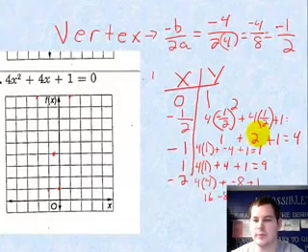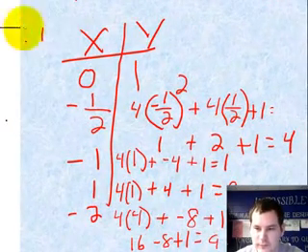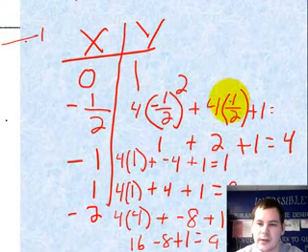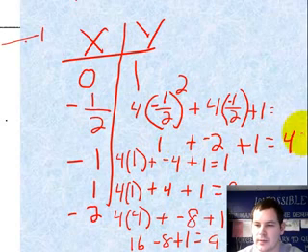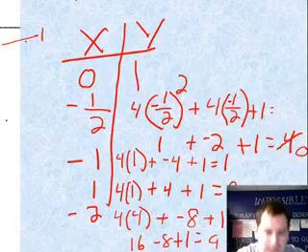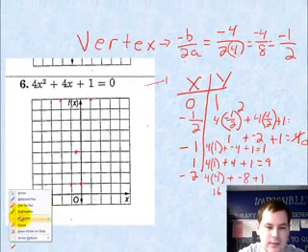Yeah, so I messed up on my vertex. This should be a negative right here, so I get a negative 2. So I get 1 minus 2 plus 1, which gives me a value of 0. Sorry about that, guys. Alright, so we find that that's 0 right there, so I have to change the position of my vertex.